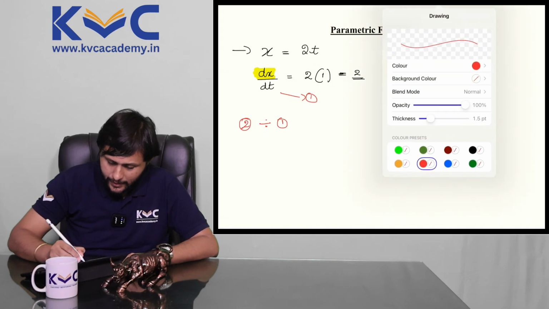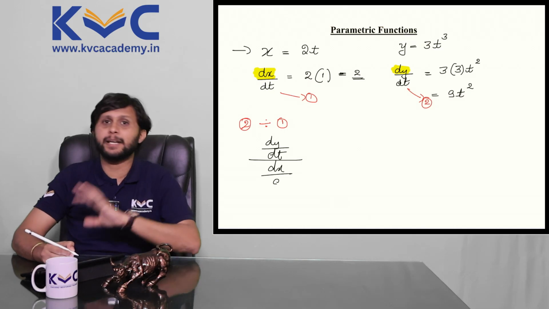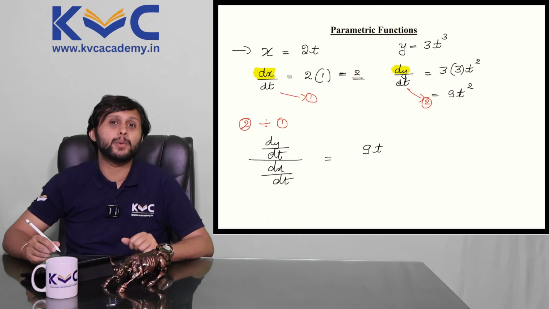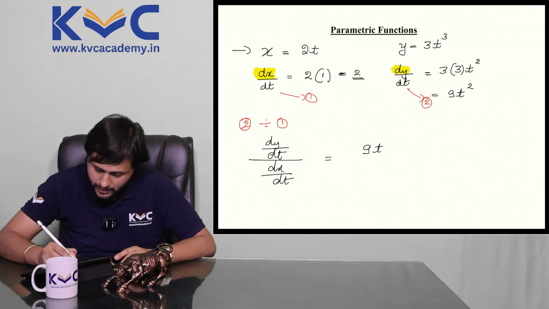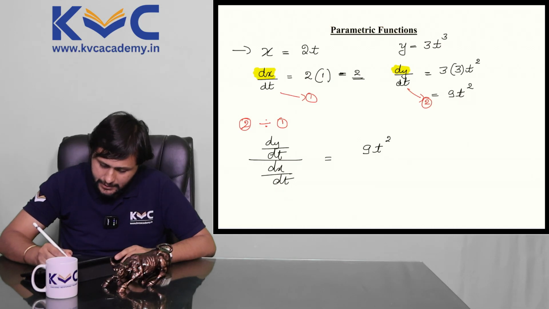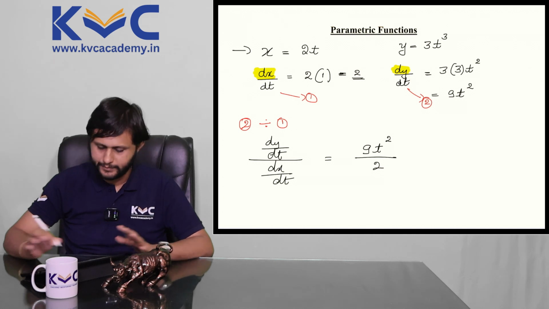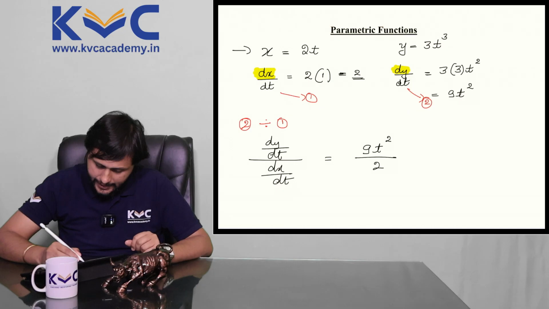I get dy by dt, whole divided by dx by dt. In the entire maths portion that I've covered so far, multiple times I told you, whatever you do on one side of the equation, do the same thing on the other side. So we have 9t square all divided by 2. We cancel out dt and dt.